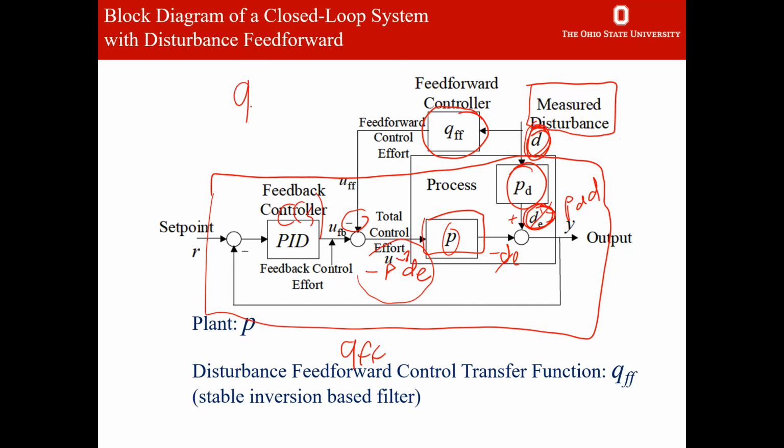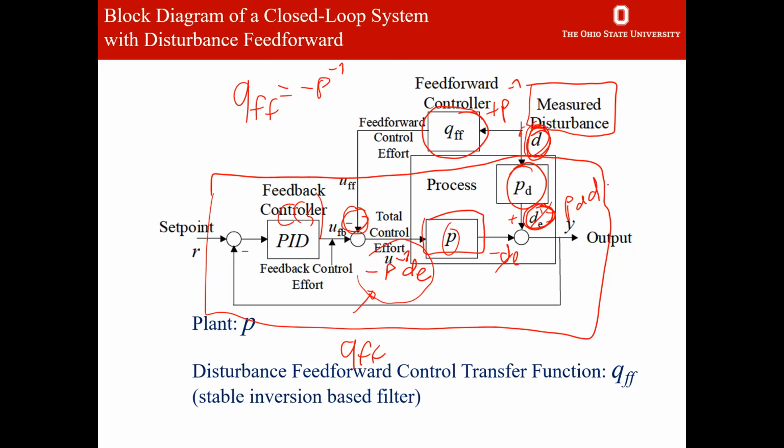So basically, if I choose my QFF to be equal to minus, let's say I'm taking the feedback from here, minus P inverse. But actually, since I have a minus sign here, I can just make it into a P inverse. Then I will be able to obtain minus P inverse times D at this point.